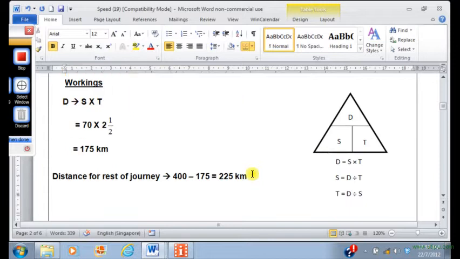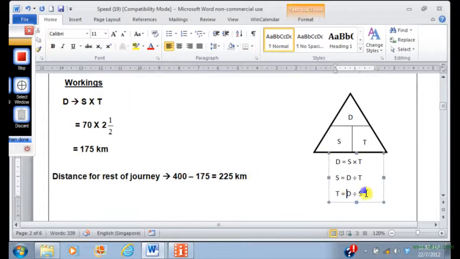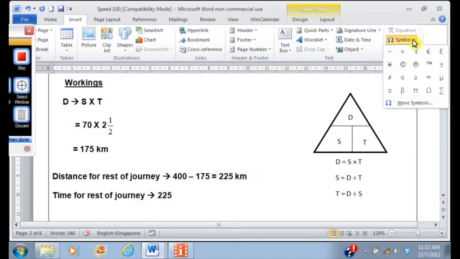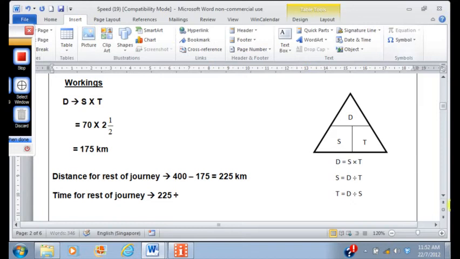So we can go and find the time. So the time here is distance divided by speed. So how long did he take? Time for rest of journey will be, again take 225. Okay, we're gonna divide by 90 kilometers per hour.